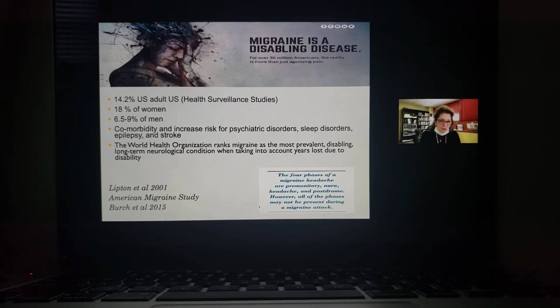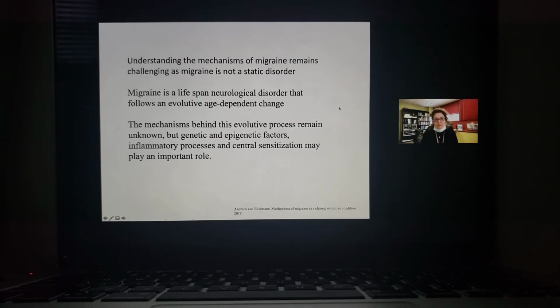In addition, some of the medications that are used to avoid the migraine give an additional increased risk for stroke and other cardiovascular conditions. These are the references for all these statements, and it is well described in the chapter as well.